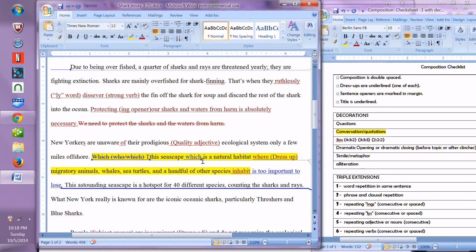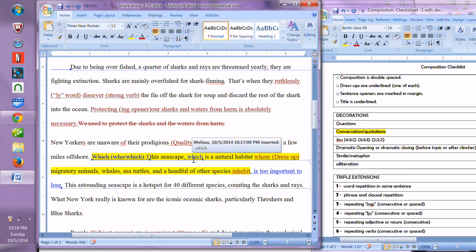And so our which clause is which is a natural habitat where migratory animals, whales, sea turtles, and a handful of other species inhabit, is too important to lose. Now, a who which clause, you can put commas around it if you want to. The seascape, it kind of helps you see where your basic sentence is. This seascape is too important to lose is our basic sentence.